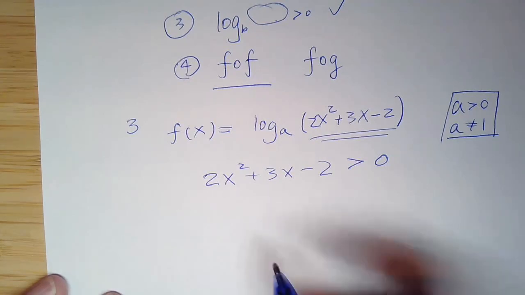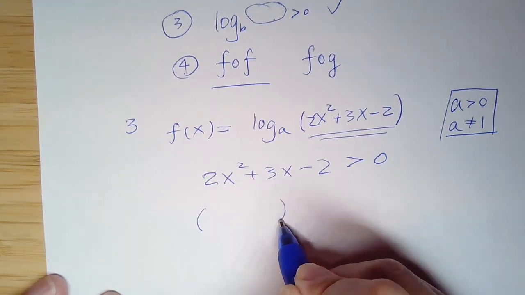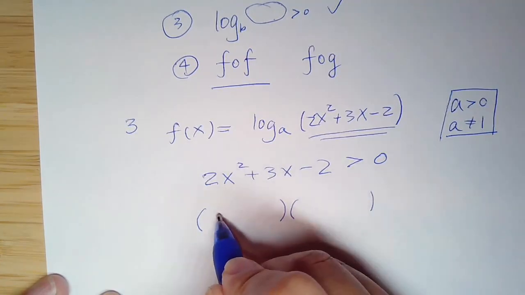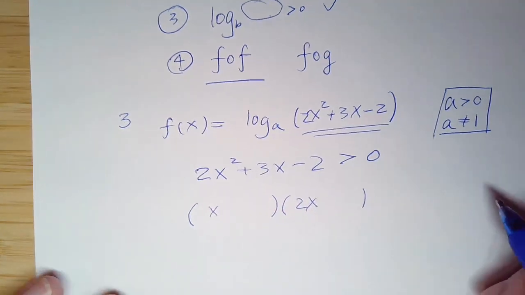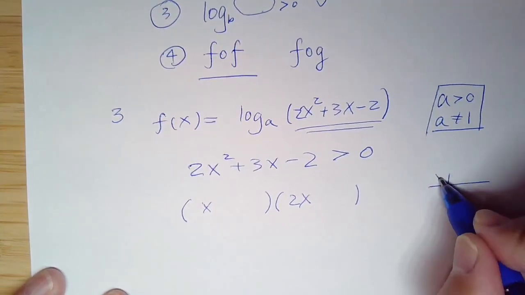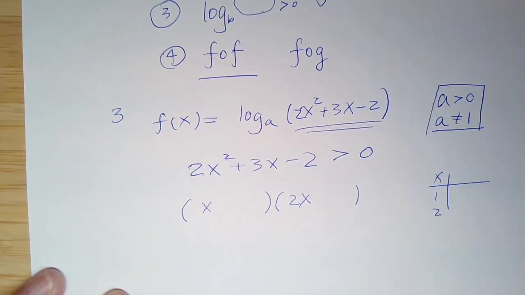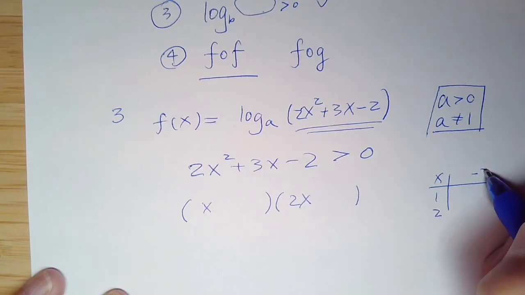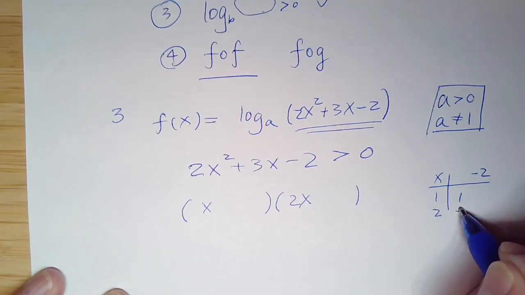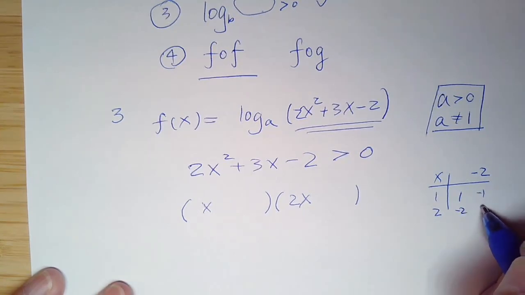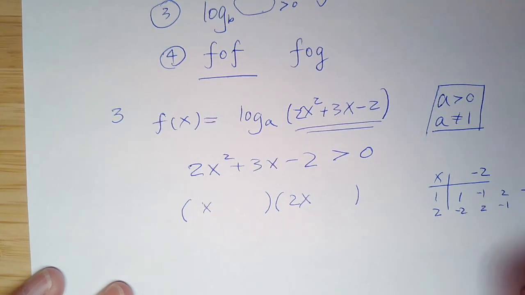If you factor this, that's x and 2x. The coefficients of x will be 1 and 2. And then you need the factors of negative 2. So it could be 1 and negative 2, negative 1 and 2, 2 and negative 1, and negative 2 and positive 1.